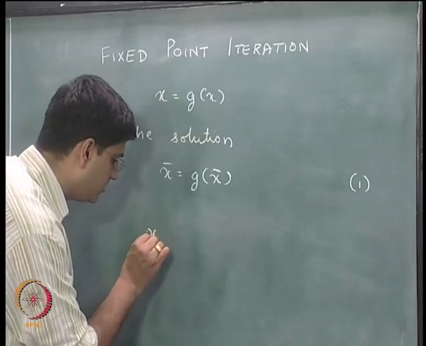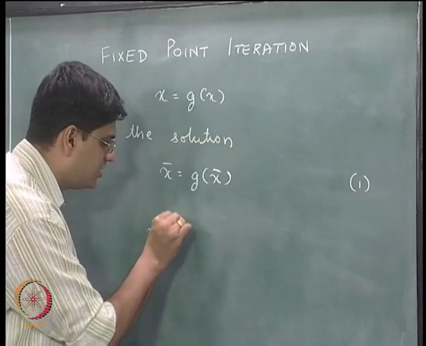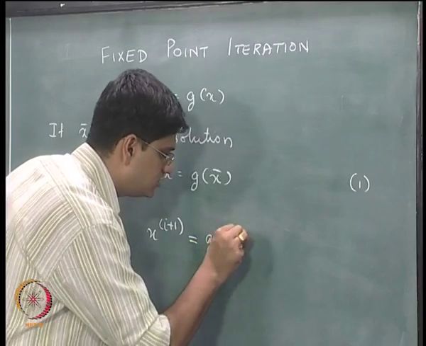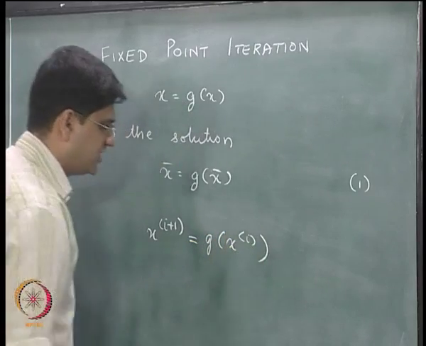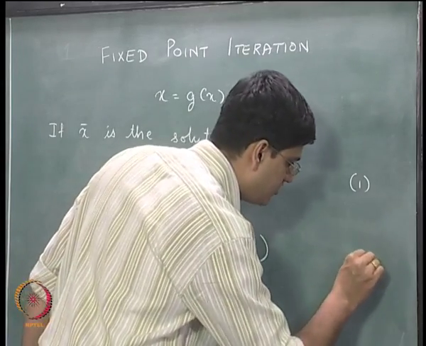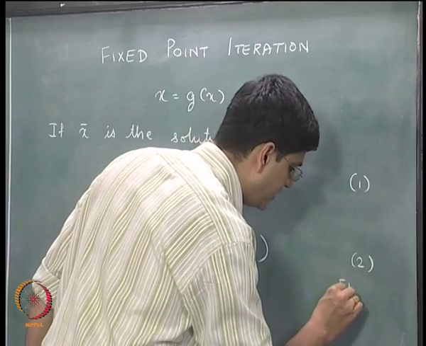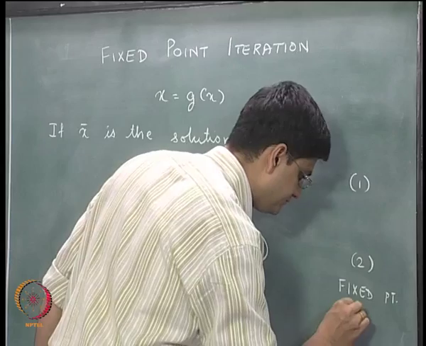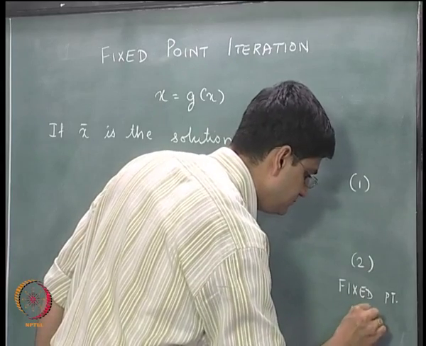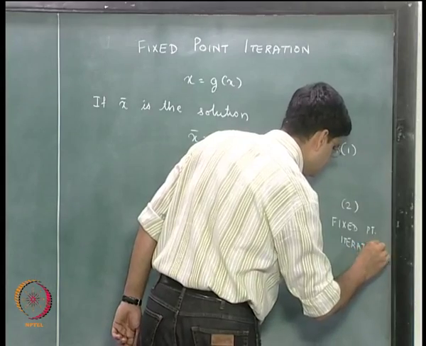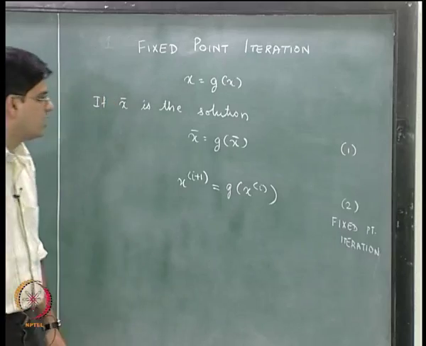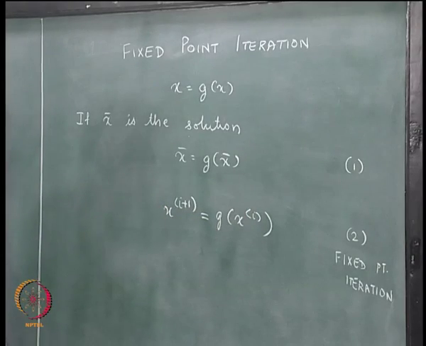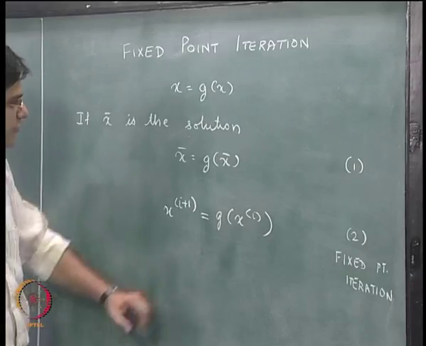So what we have is x_{i+1} is going to be equal to g of x_i. That's our equation 2, that's our fixed point iteration.